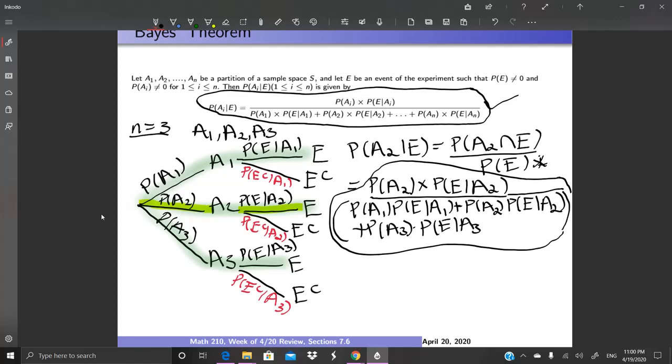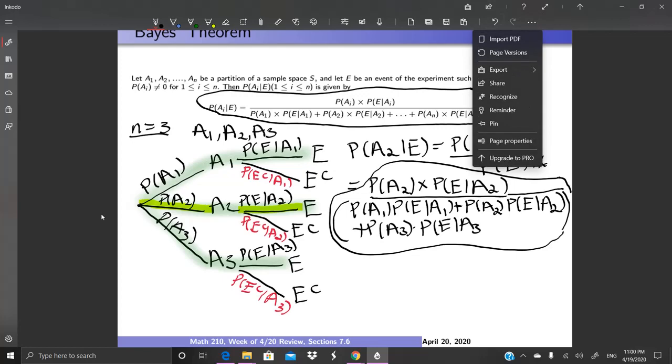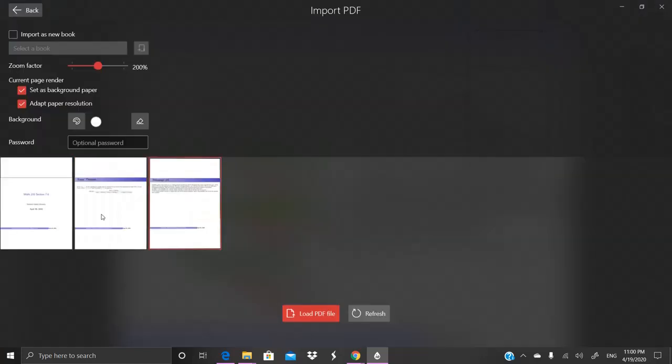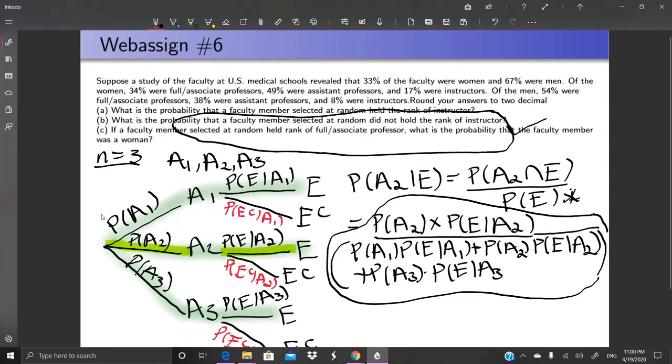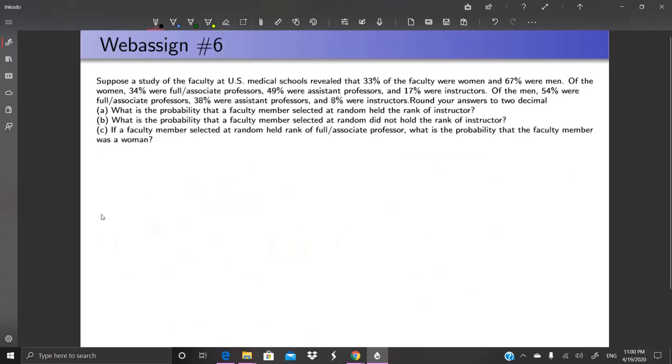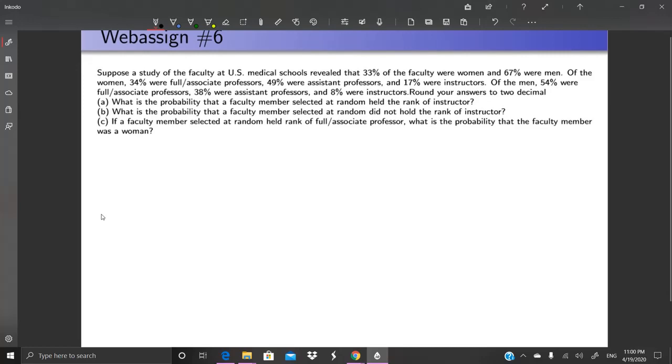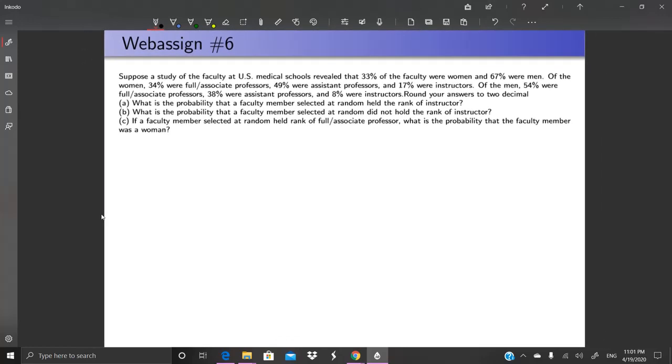Okay, with that said, now let's look at an example from the homework that uses this. Alright, here we are. We have to answer 3 questions. This is number 6 on WebAssign.